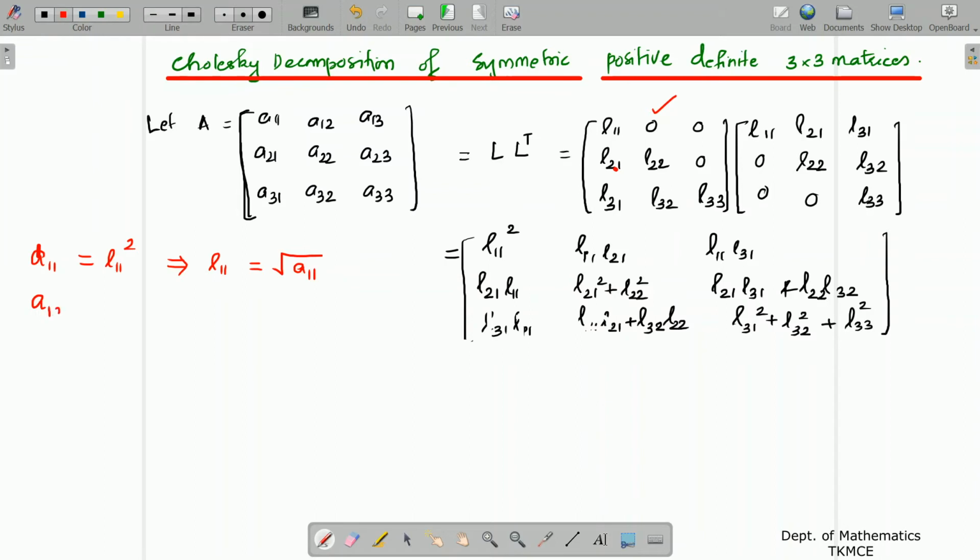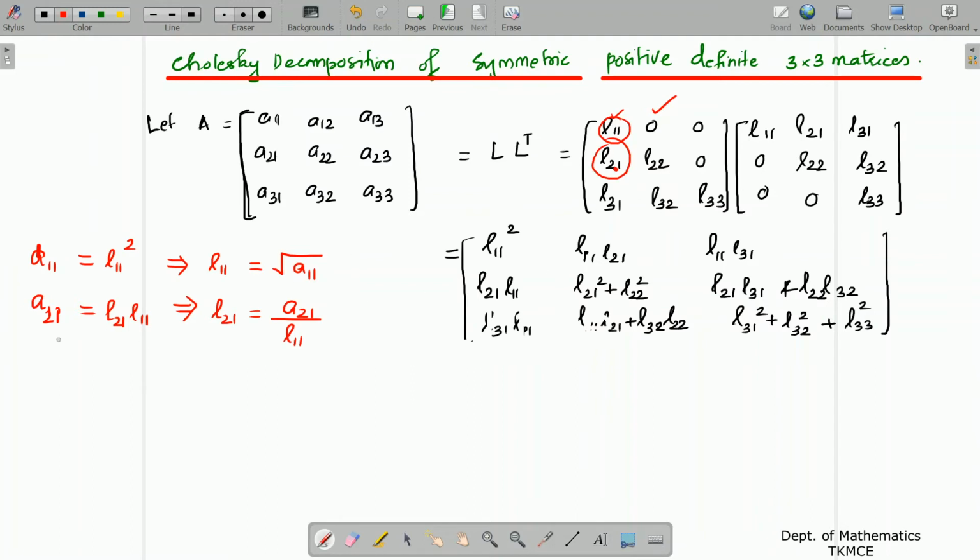So A21 from the left hand side, and from the right hand side it is L21 L11. L11 is already obtained, therefore L21 is equal to A21 by L11, or 1 by L11 into A21. So that is L21. We got the second element also. L11 is obtained, L21 is also obtained.